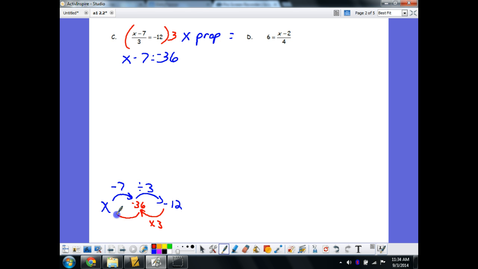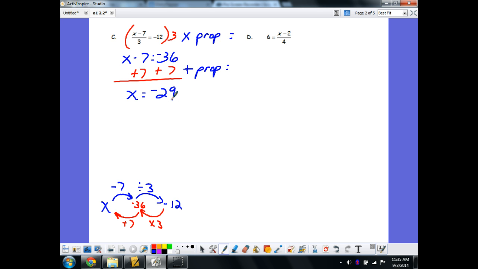And then to undo the subtraction of the 7, we would add 7. And that is, of course, the addition property of equality because we're adding the same thing to both sides. So our result, x is equal to negative 36 plus 7 is negative 29.